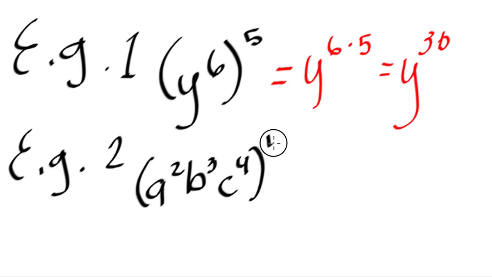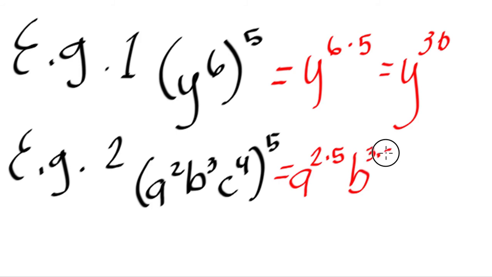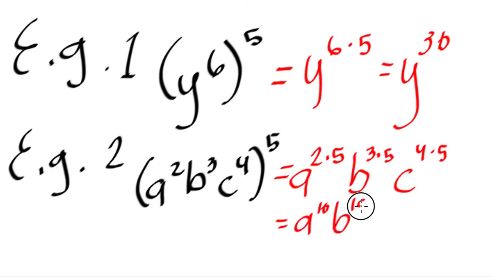Now, this is power of a power, and we're going to apply this to each of the terms. So what we have is a raised to 2 times 5, b raised to 3 times 5, and c raised to 4 times 5. This gives us a raised to 10, b raised to 15, and c raised to 20. And this is our answer for the second example.